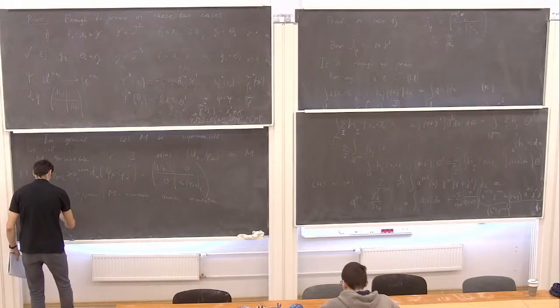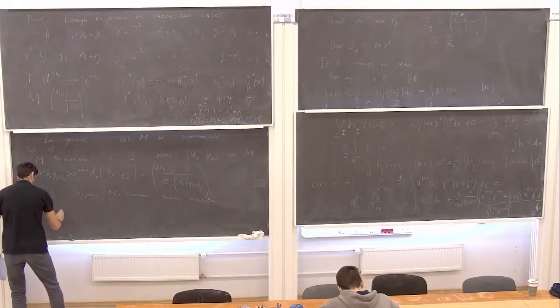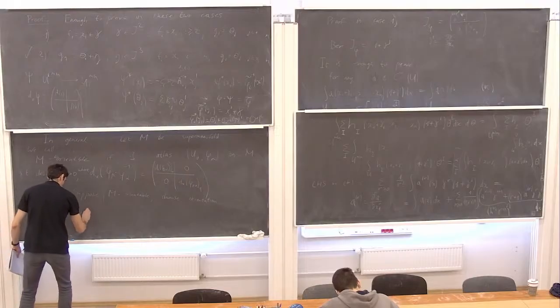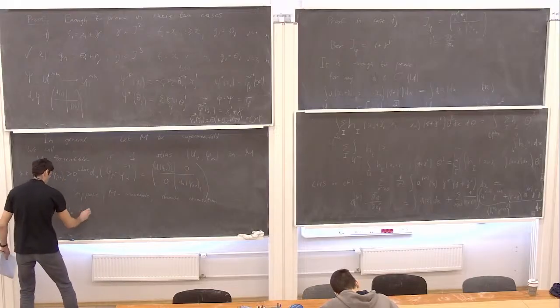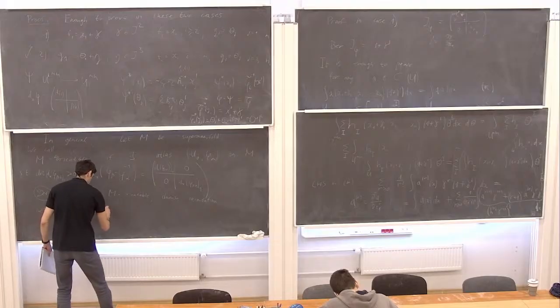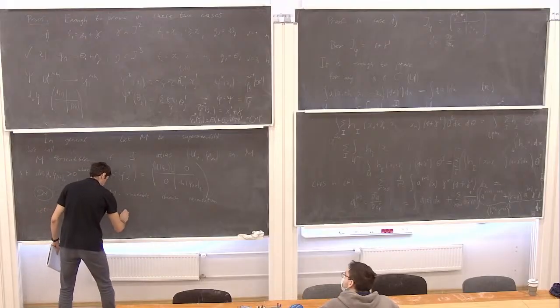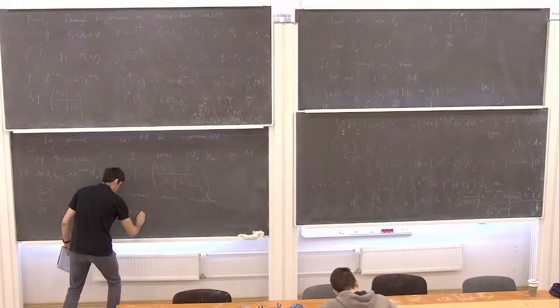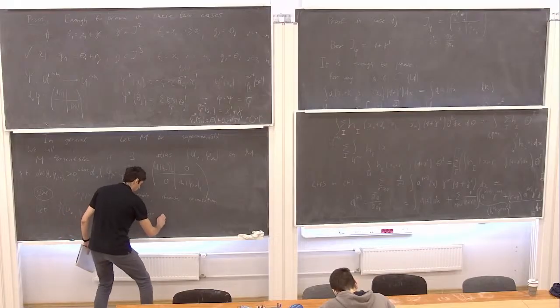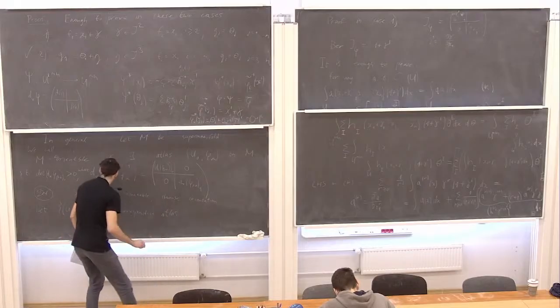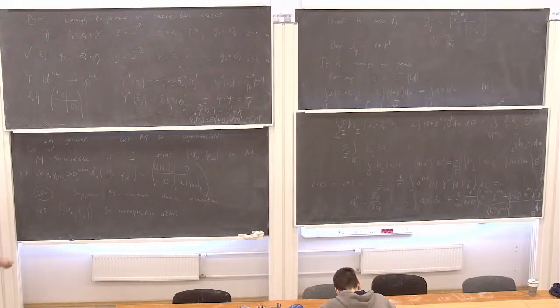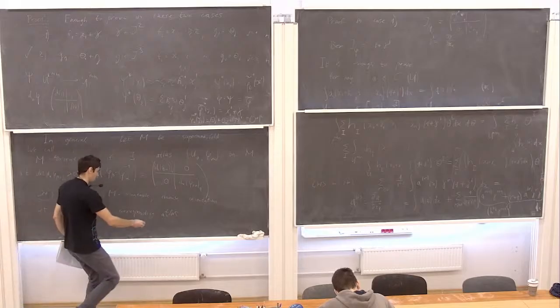Let U alpha, phi alpha be the corresponding atlas. My goal is to formulate what I want to integrate over. So what are these things?